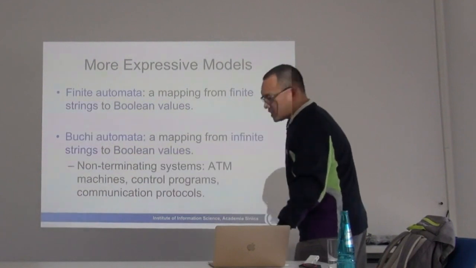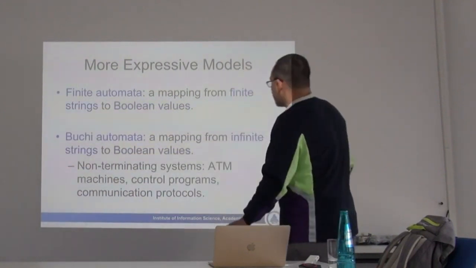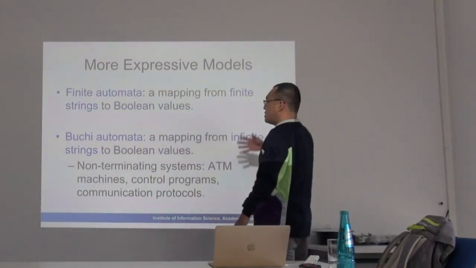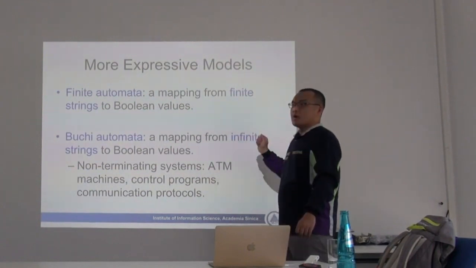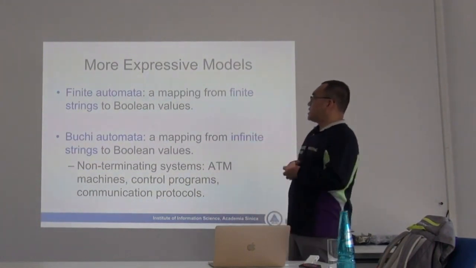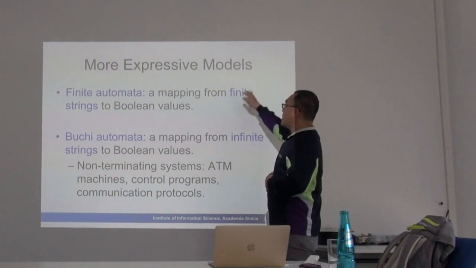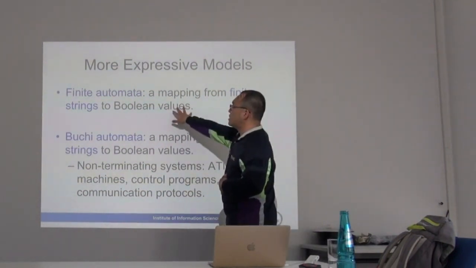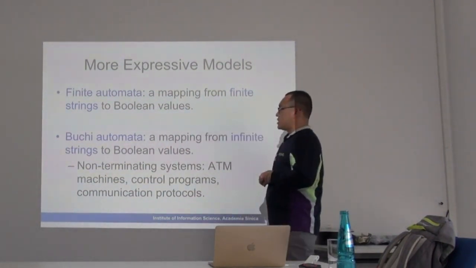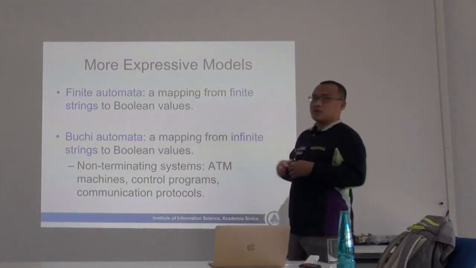Another thing I'll try to cover today is a learning algorithm for Büchi automata. A finite automaton is a mapping from finite strings to Boolean values. But some systems never terminate.